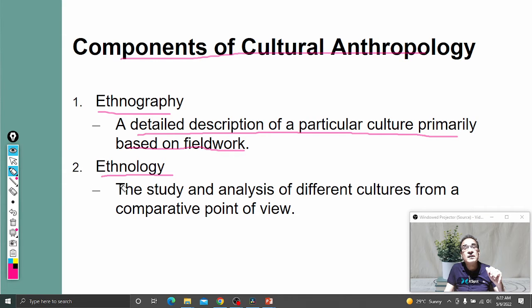On the other hand, ethnology is the study and analysis of different cultures from a comparative point of view. So in ethnology, we compare cultures from different points of view. In ethnography, we conduct fieldwork, and mostly we get information about a specific culture.